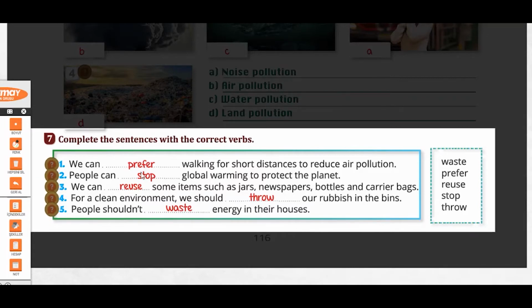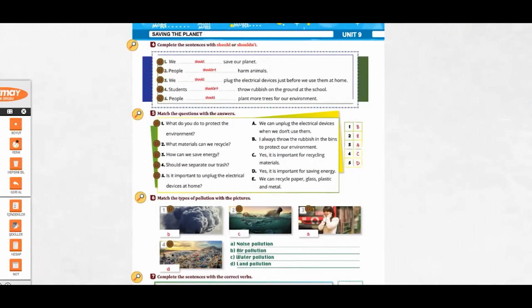So number 1, prefer. 2, stop. 3, reuse. 4, throw. 5, waste. Okay, well done. Next page.